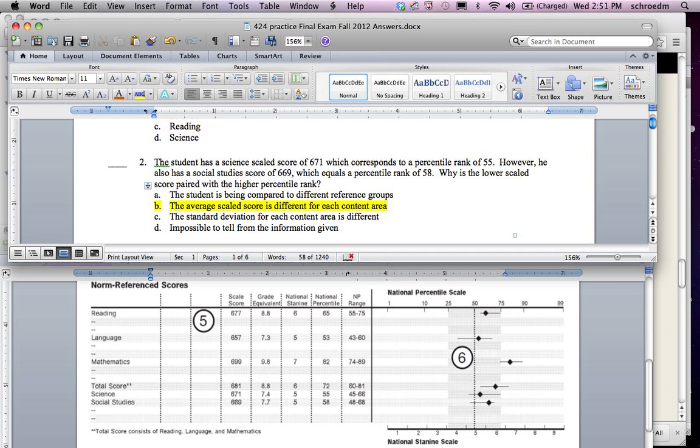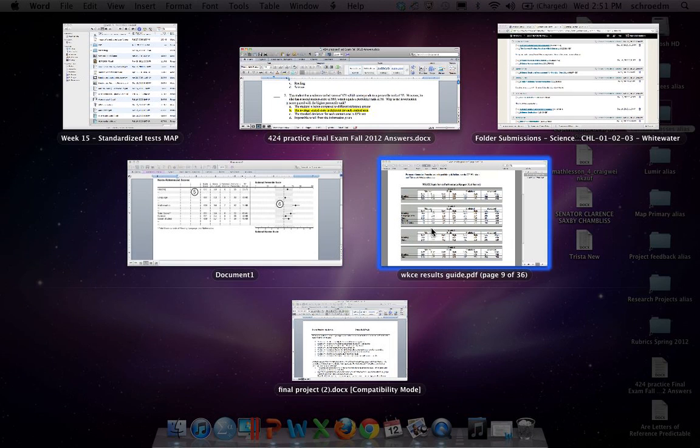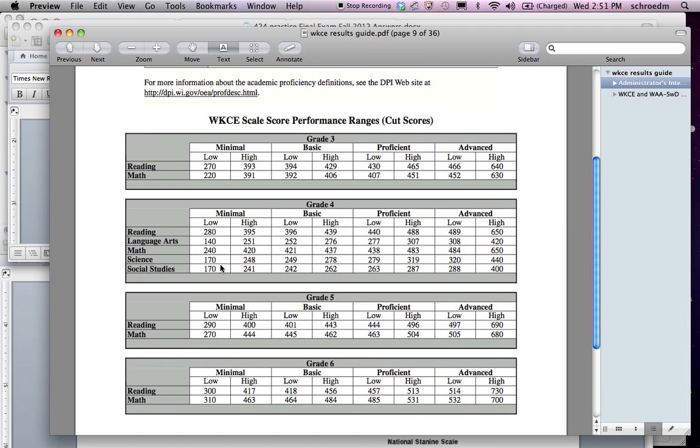The fact of the matter is that different content areas have different average scaled scores, and they're basically on a different scale. If we look at the WKCE score performance ranges or cut scores for different grades, and we compare across content areas, reading, language arts, math, science, and social studies, pretend that 437 is right at the 50th percentile in math.